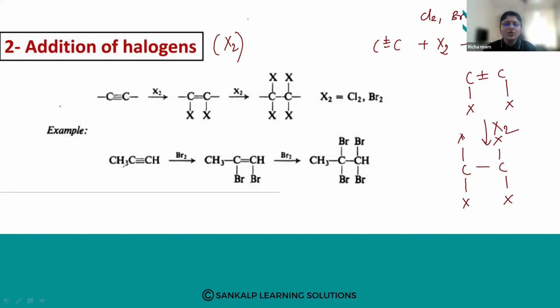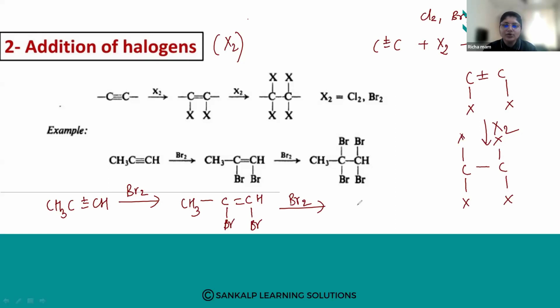Now, the examples are also given. So this is one example: CH3, C, triple bond, CH, in the presence of Br2. First one bond will be taken, giving CH3, CBr, double bond, CHBr. Then one more molecule of Br2 will be added.